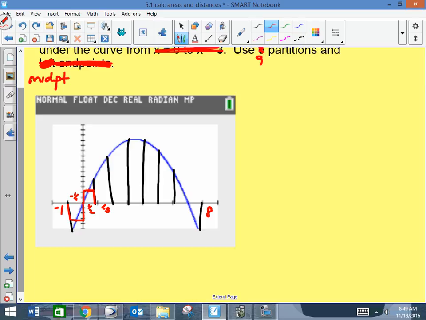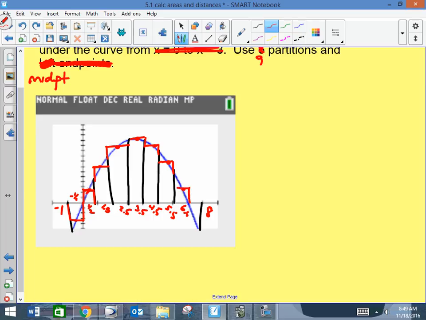1.5. 2.5. 3.5. 4.5. Make sure you're using the curve for your heights, because that's where we're going to get those values. We're getting them from the f of the curve. 6.5.